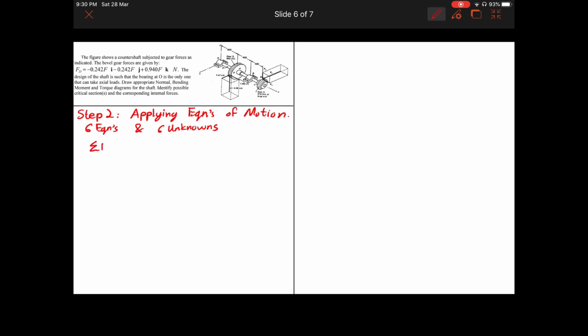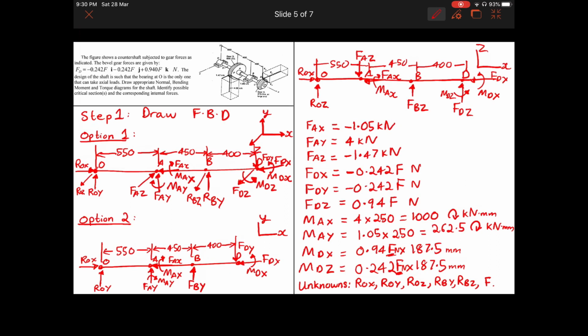So let's start with summation of force in x equals 0. Always mention the direction that you are assuming positive. So summation of force in x, if we go back to the free body diagram, we have in here ROX, which is positive, we have assumed, FAX, which is negative.